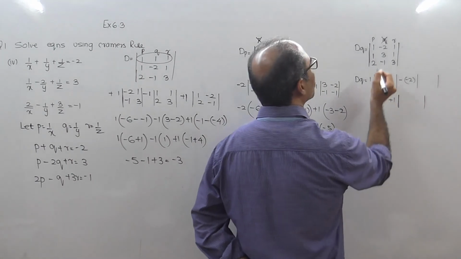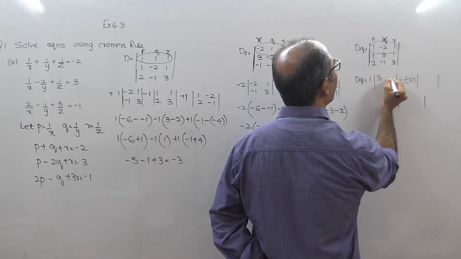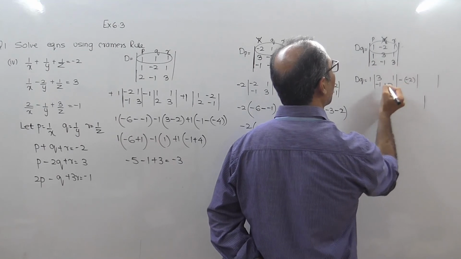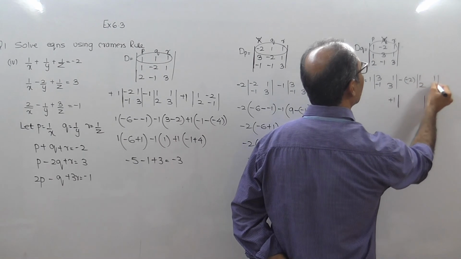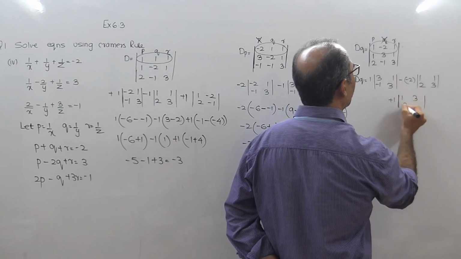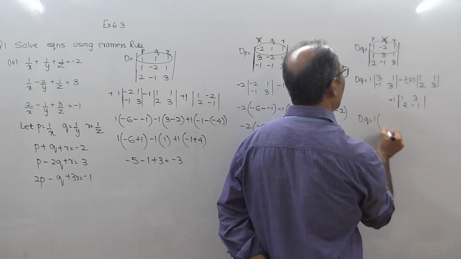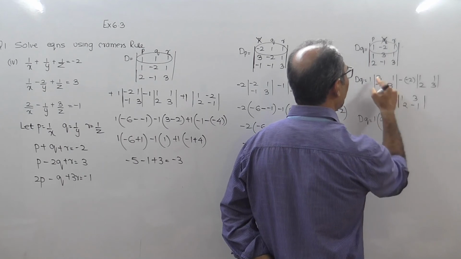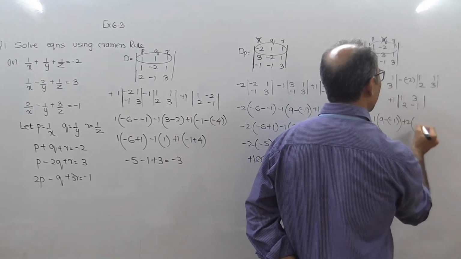Okay, so circle. 1 means I think this is 3, 1, minus 1, 3. Minus 2 means 1, 1, 2, 3. This 1 means I think it is 1, 3, 2, minus 1. That means the value of dq will be 1 into, I think this is 9, 3 3s are 9, minus minus 1, bracket close, plus 2.